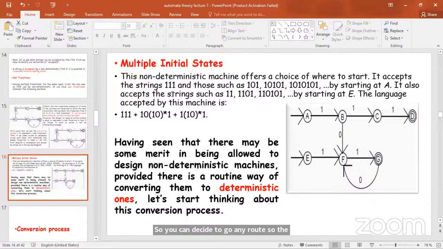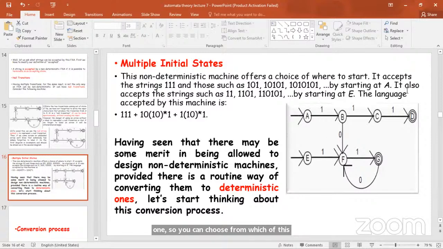It accepts the string 111 and those such as 101. If you have a set of input strings, maybe the first one can take you from the initial state with 0, and the second one offers an opportunity to go from the initial state with 1. So you can choose from which angle you get into the machine.